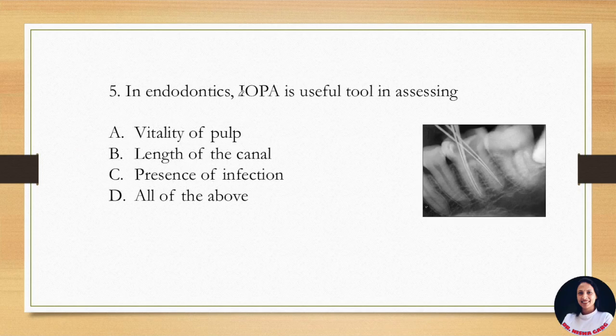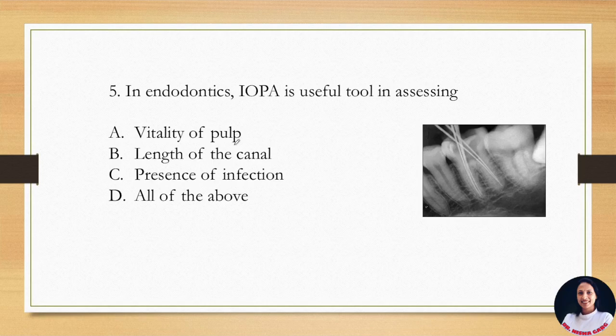In endodontics, IOPA is a useful tool in assessing: vitality of pulp, length of the canal, presence of infection, all of the above. See, vitality of the pulp is checked by heat test, cold test, electric pulp tester, and other tests, but not by radiographic means.